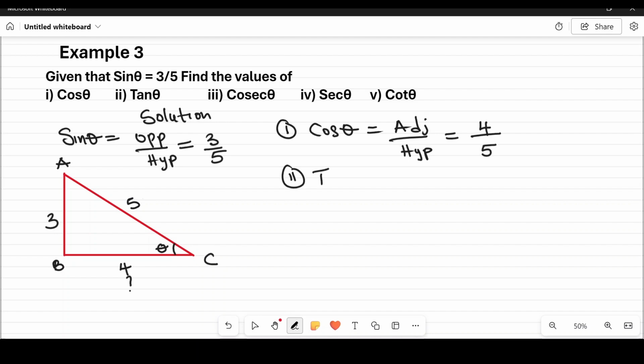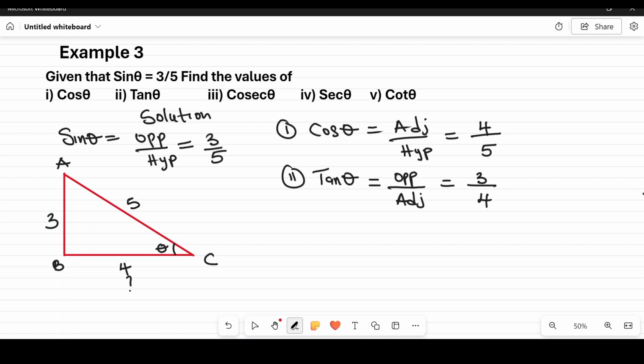Also, tan theta is equal to opposite divided by adjacent. Our opposite side is side AB, which is given as 3, and our adjacent side is side BC, which is given as 4.